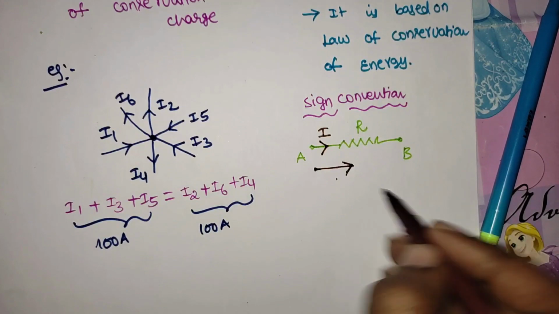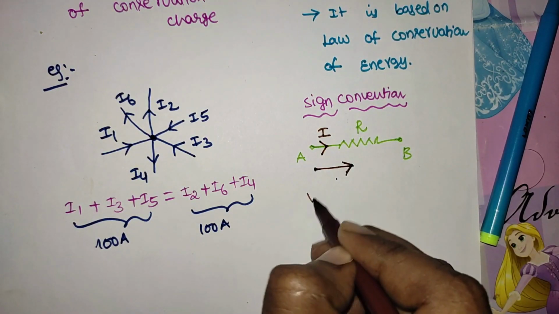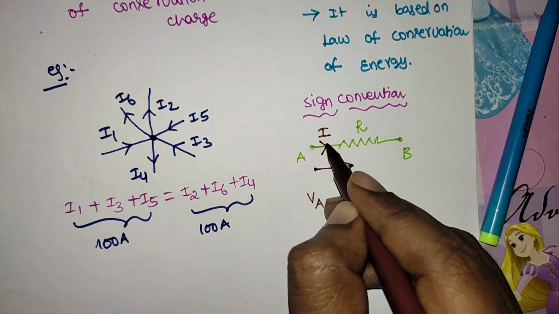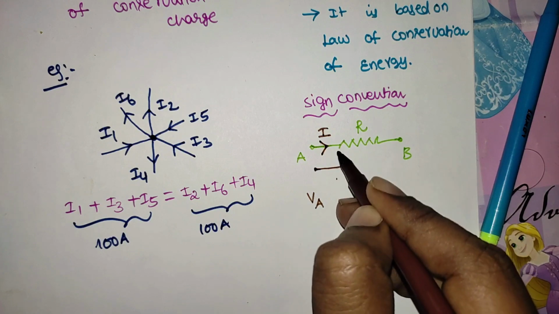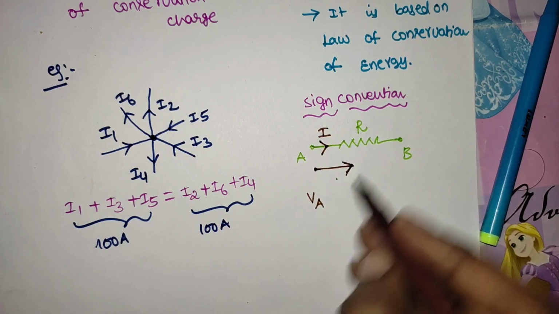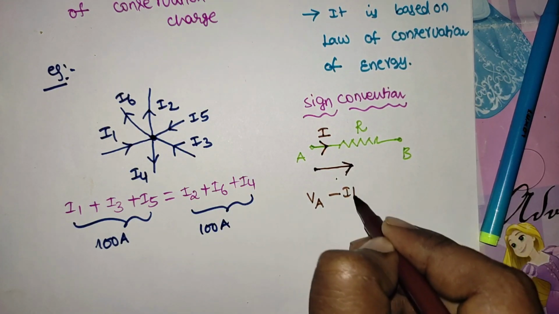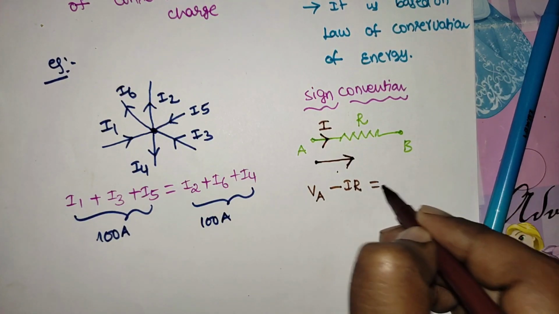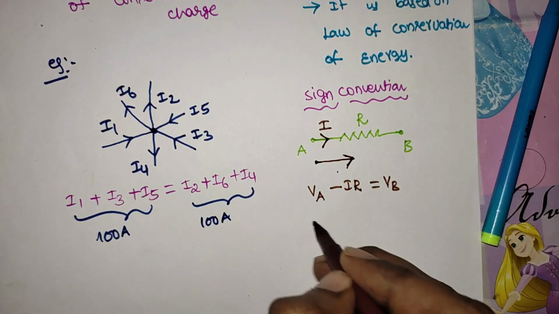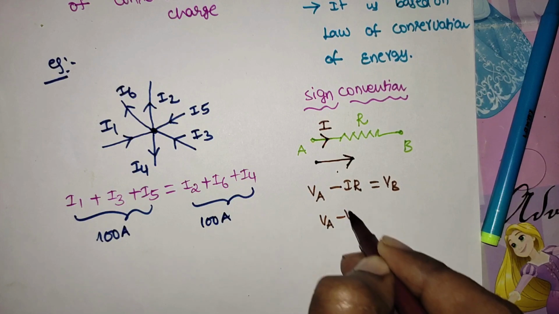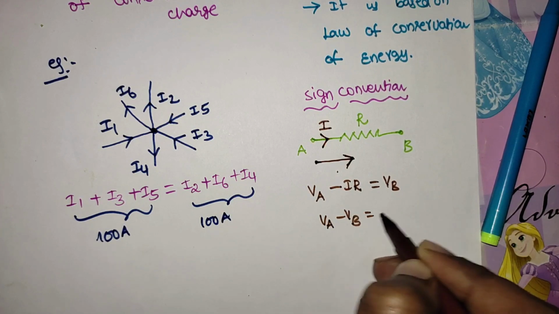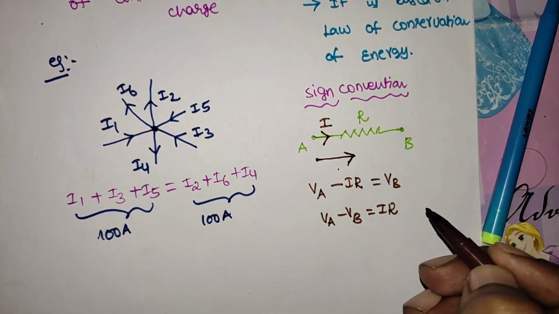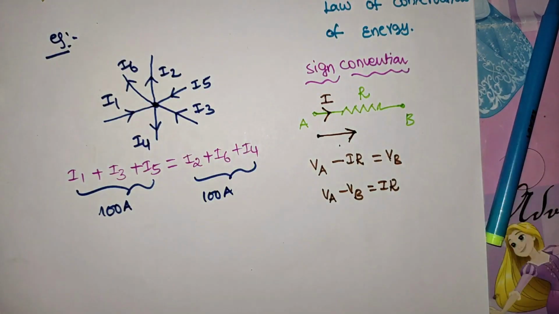This is the current I, and this is point A, VA. Both are in the same direction, so it is taken as negative. So you can write VA minus I into R is equal to VB, that is, VA minus VB is equal to I into R. This is the first point.